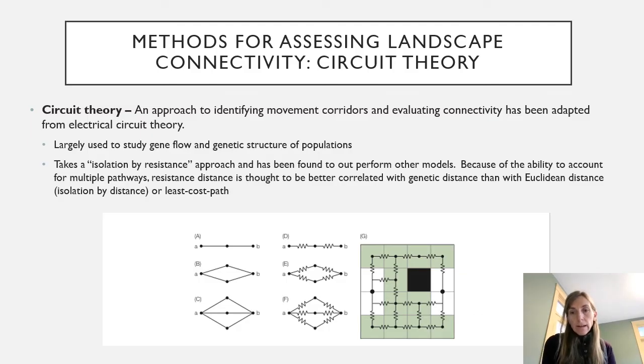So circuit theory is an approach that we've seen used a lot in landscape ecology more recently. It's used to identify movement corridors and evaluate connectivity, but was actually adapted from electrical circuit theory. And it's found to outperform a lot of the other models.